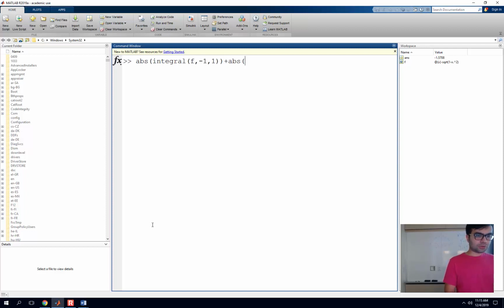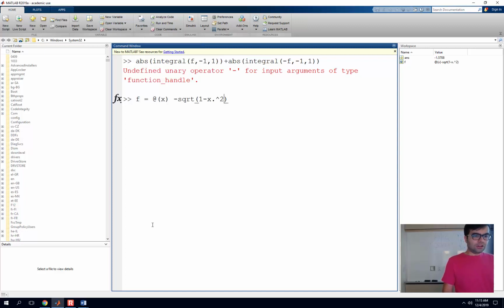And then absolute value of integral of negative f from -1 to 1. Doesn't work like that, so I have to define my f again. So f, let me define f as the upper side, and let me define g as the lower side.